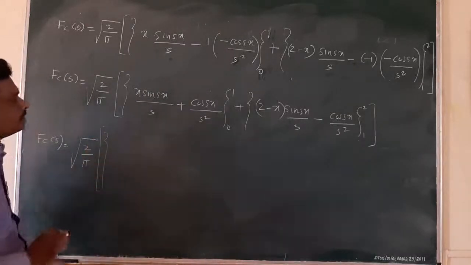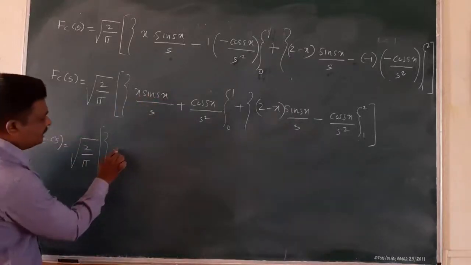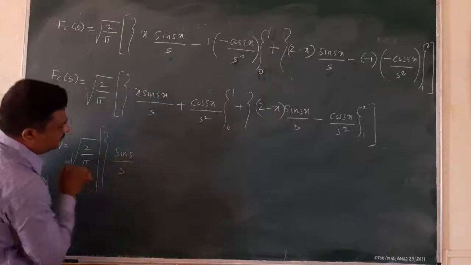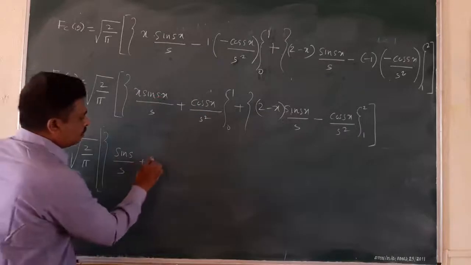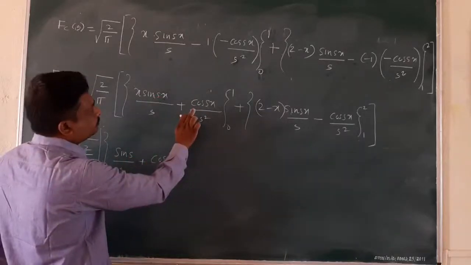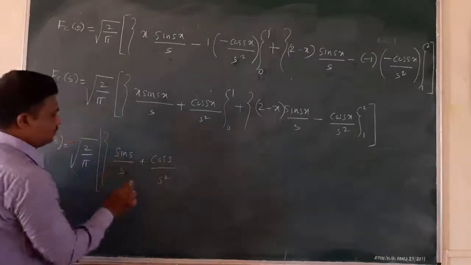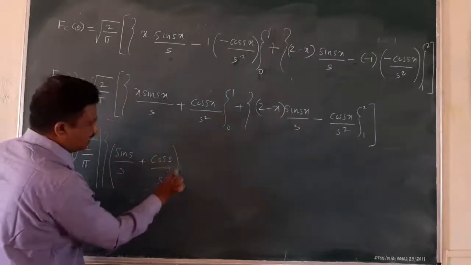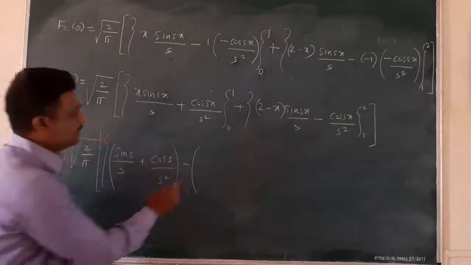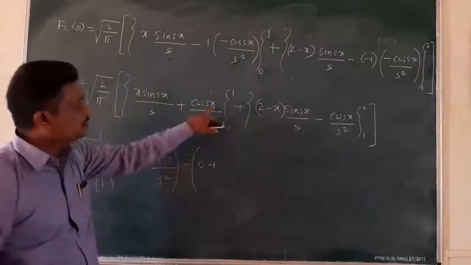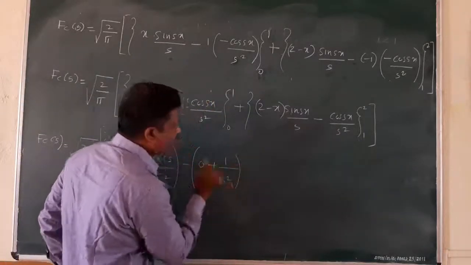If I put upper limit x equal to 1, the remaining is sin s upon s, 1 into s is s, plus cos s upon s square. So this is upper limit minus lower limit. Lower limit is x equal to 0. 0 into any number is 0, plus cos 0 value is 1. So remaining is 1 upon s square.